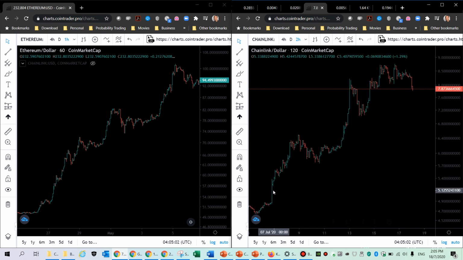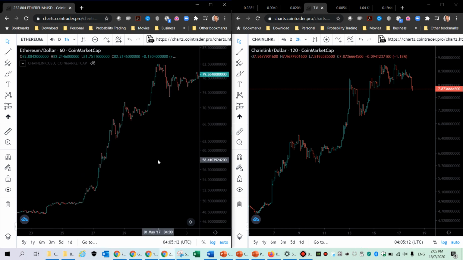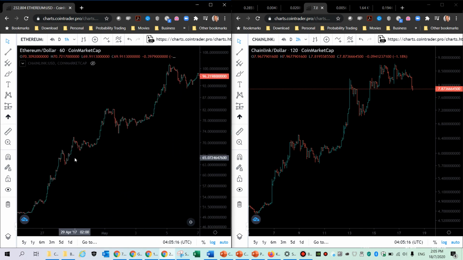Okay, so one of the first reference points is these two peaks. It starts to shoot up, there's a small peak, and then a slightly bigger one, and then it does this correction over here.